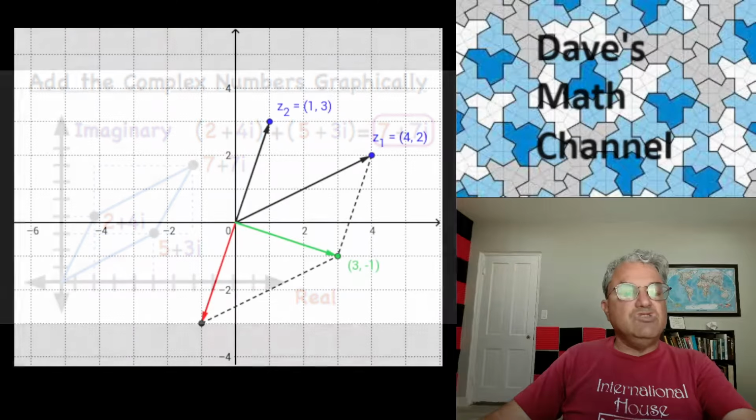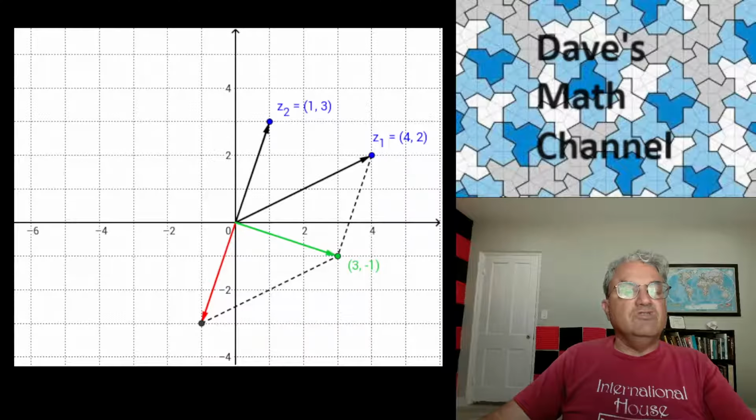What about a geometric way to subtract two vectors? Well, that's pretty easy. All you really have to know is that subtracting two vectors is the same as adding the negative of the second one to the first. So here we have the two vectors. They write z1 and z2. That's the usual notation for complex numbers.